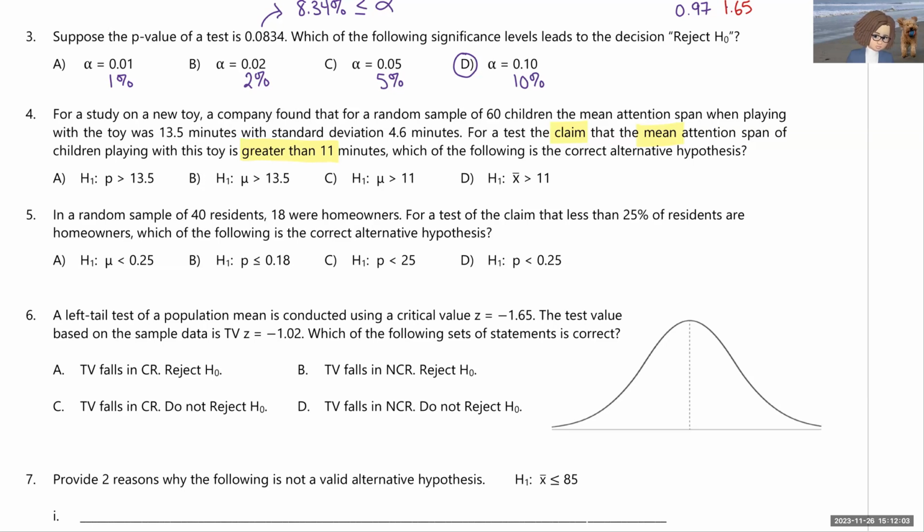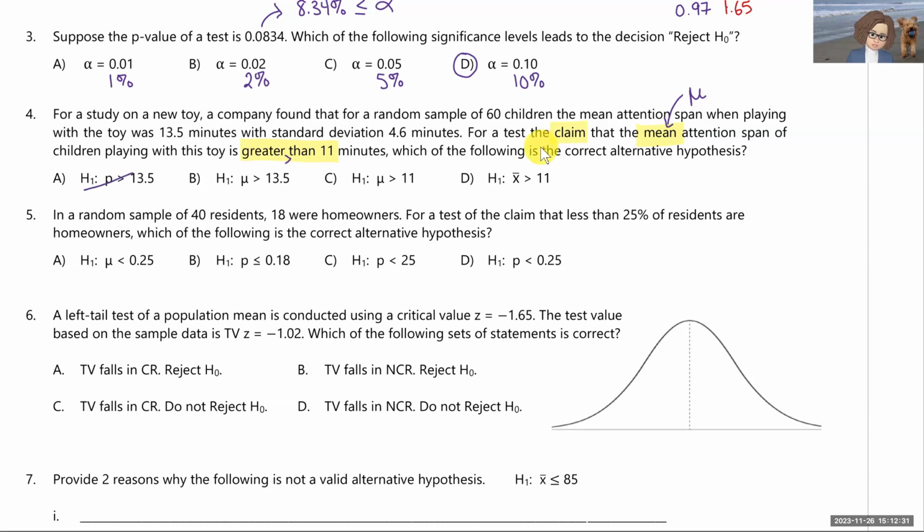So my suggestion is not to look at the choices, just write the answer yourself and then see if your answer is available. So the claim is that the mean, so mu, the population mean, greater than would be the greater than sign, greater than 11 minutes. So our alternative hypothesis can't have a p in it, we're not doing proportions.